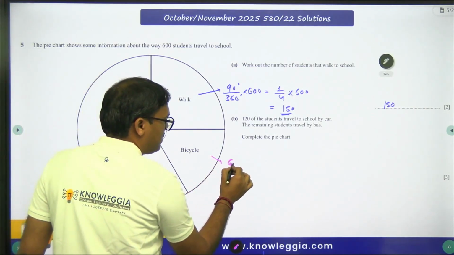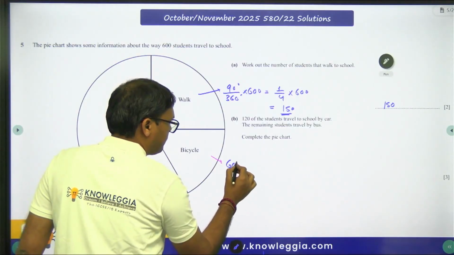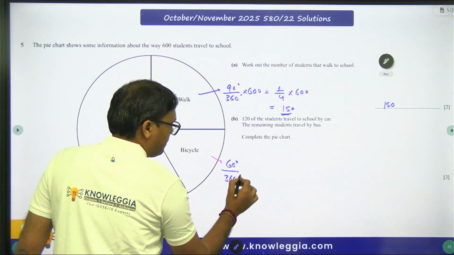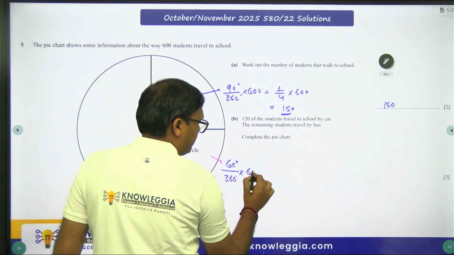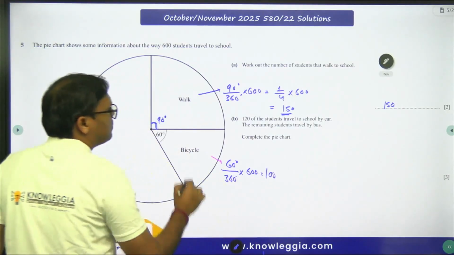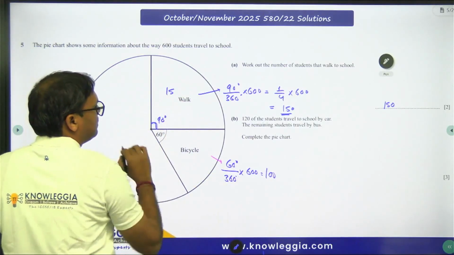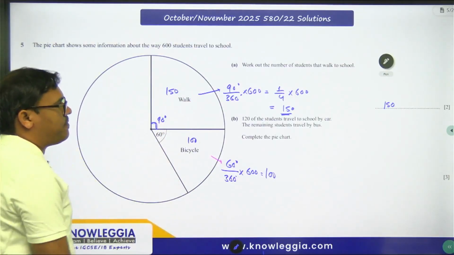This is 60 degrees divided by 360 degrees times 600, so this is 1/6. So basically this is 100. So here there are 150 students, here this is 100 students. So this is 250.